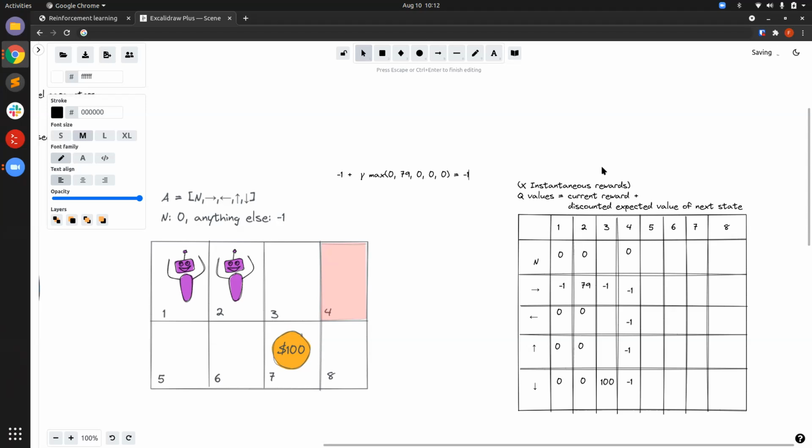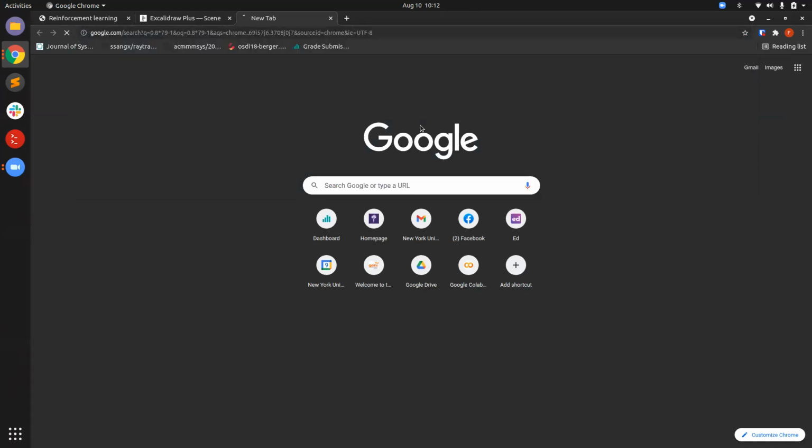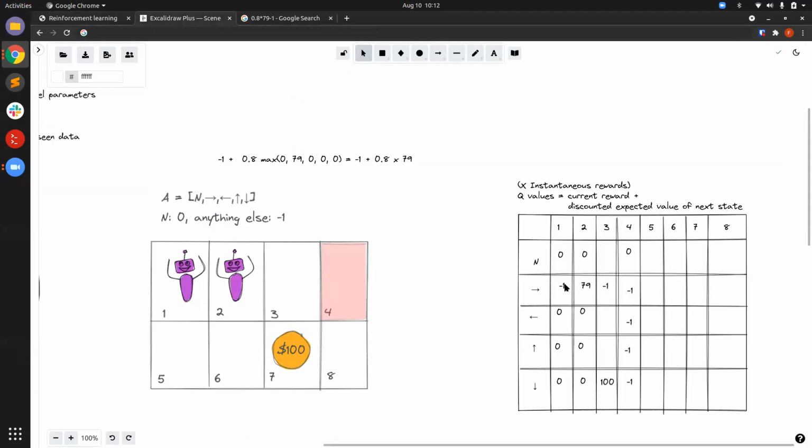So now I have -1 plus, okay, let's say my discount factor is 0.8, times 79. Okay, so it gives me a new Q value of 62.